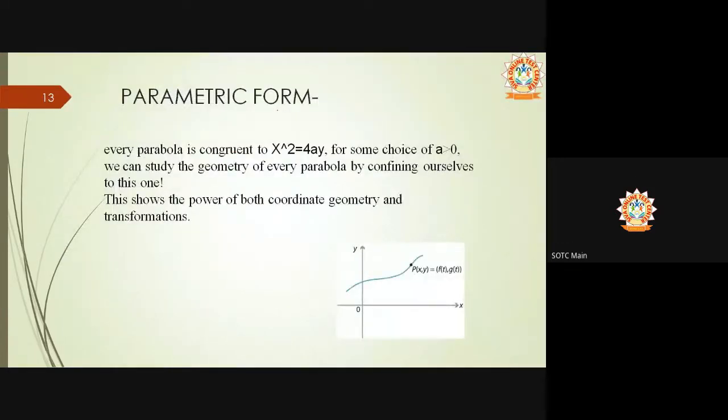Now see, there is a parametric form. Have you heard of parametric form in differentiation? That is parametric differentiation. In parametric differentiation, x is there and y is there. So x is a function of, let us suppose, t, and y is also a function of t, right?